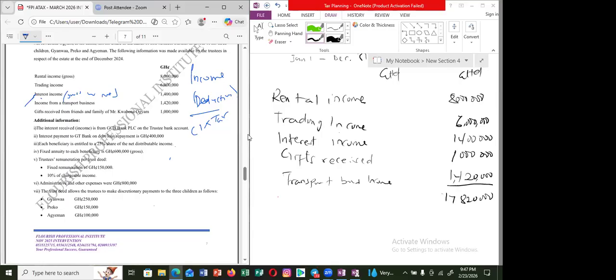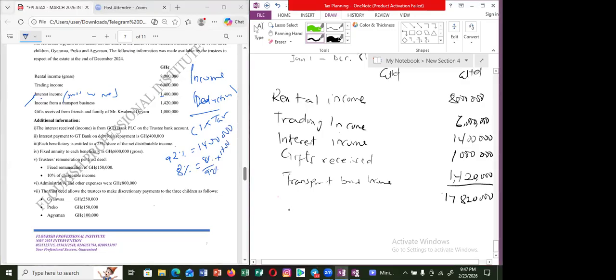So basically, interest is subject to a withholding tax of 8%. It means this amount here is representing 92%, right? So if the 92% is equal to the 1,400, how much is the 8%? Basically 8 over 92 times 1,400.